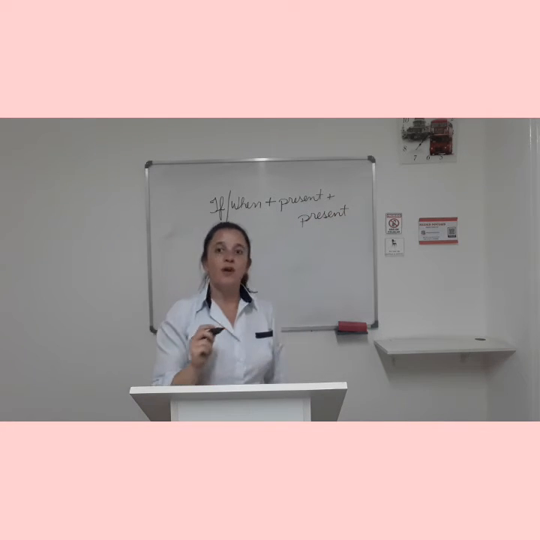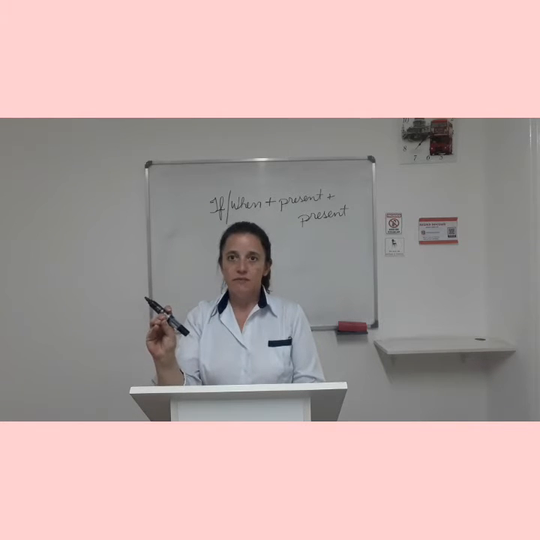Okay? I want you to underline in these examples that I'm going to read the verbs. Example. When it rains, tennis lessons happen in the gym. So you are going to underline rains, happen. See?